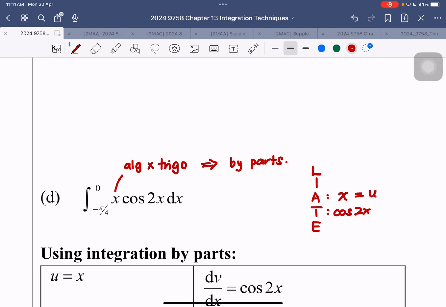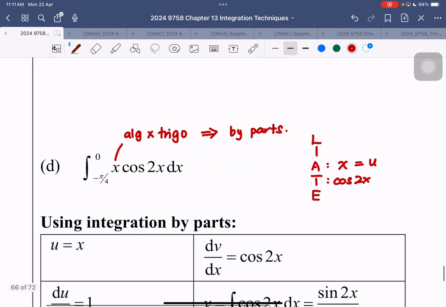I mentioned before why sometimes we let algebraic x be u. The reason is if you differentiate, the power drops. So in this case, if u is x, the moment you differentiate, it becomes a constant, and we all know constants are not going to give us much trouble when it comes to integration.